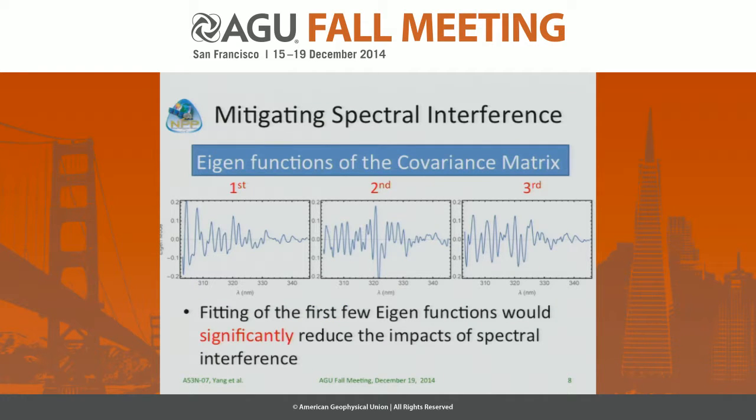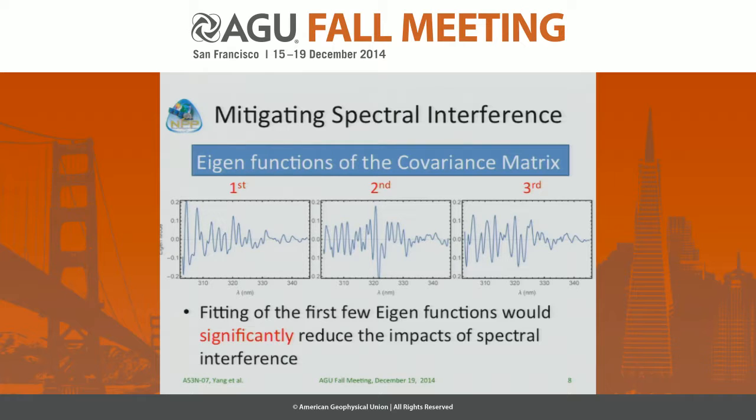To correct those spectral interferences in the retrieval, we get the eigenfunctions of the covariance matrix. This is a sample of the first three eigenfunctions of the OMPS measurement, and this represents how the longer wavelength measurements impact the shorter wavelengths. You can see all of these are basically correlated with any of the spectral measurements that you might have.